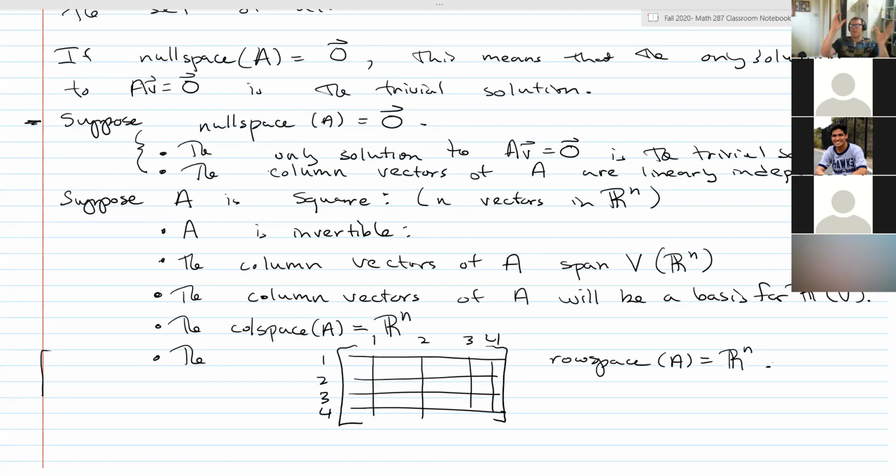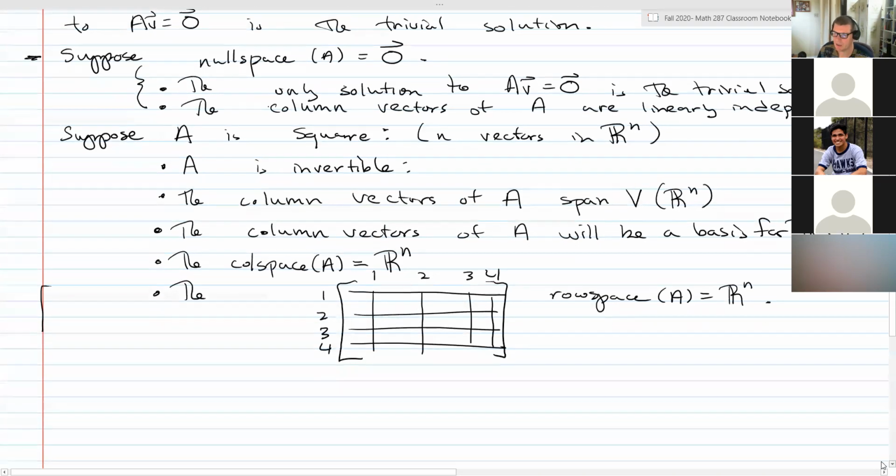What we're trying to do now, using the introduction to the null space, is show how these new ideas connect into the old ones that we've been working with. The invertible matrix theorem is now going to have like 12 or 13 statements that are all equivalent statements.